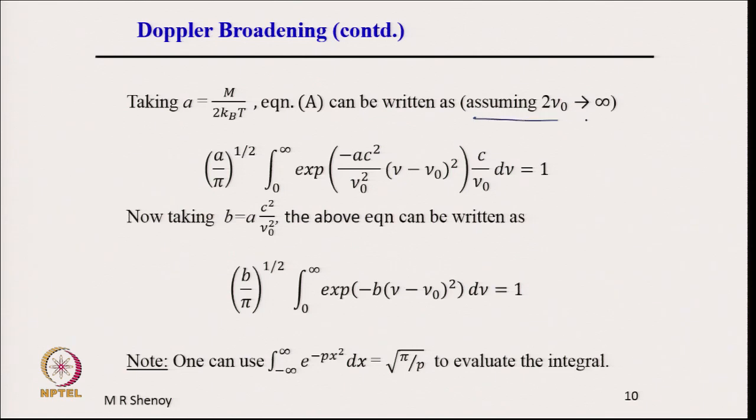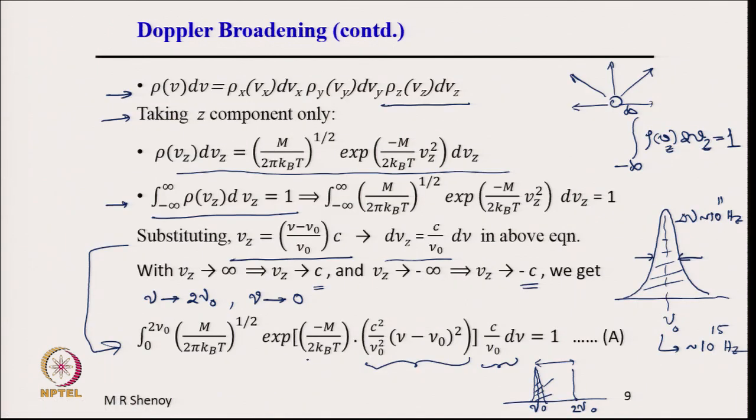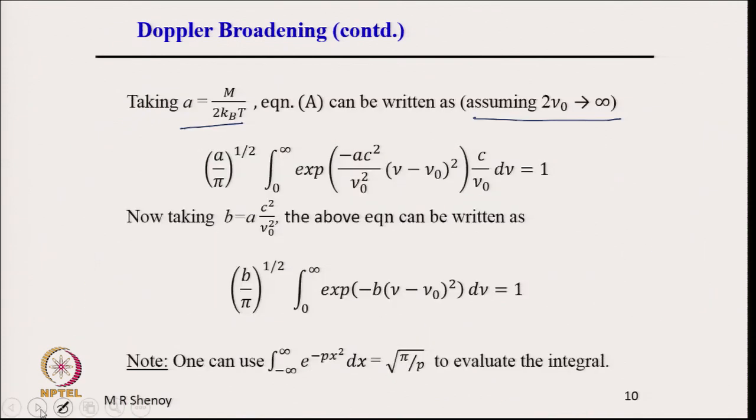So, assuming 2 nu 0 going to infinity, we write this as 0 to infinity exponential minus a into this expression, where a is this.